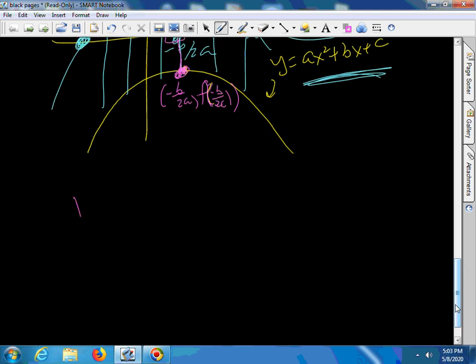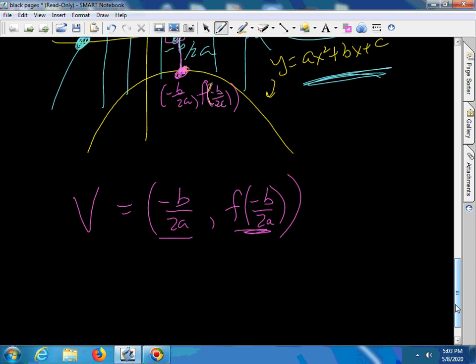So the vertex is always going to be at negative b over 2a, and if the function is called f, it's going to be f of negative b over 2a. x, comma y. When you take f of an x value, you get a y value. If f of x is 9, then y is 9.